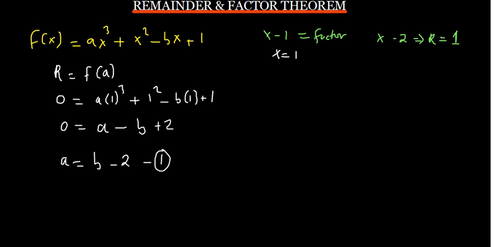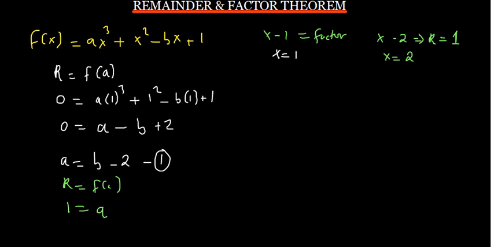And then for this one, we again say the remainder is equal to f of 2, but for that one the remainder is 1. When we equate x - 2 to 0, x is 2.